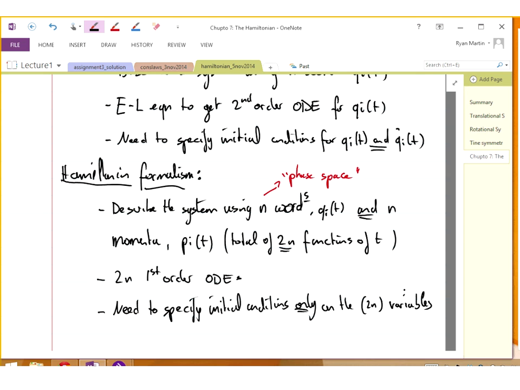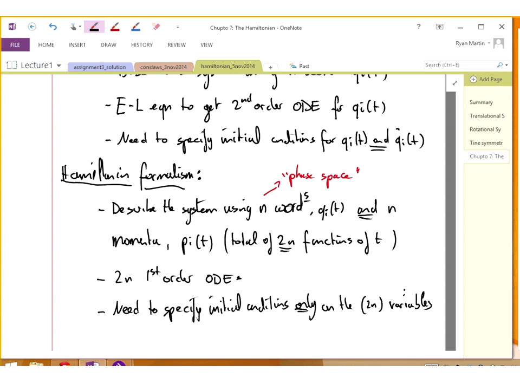And so that means that the trajectory in phase space is completely determined by its initial position in phase space, because the initial position in phase space includes both the positions and the momenta. The Hamiltonian, or the Lagrangian, will determine the shape of that trajectory in phase space given a particular starting point. So that's not true in three-dimensional configuration space.